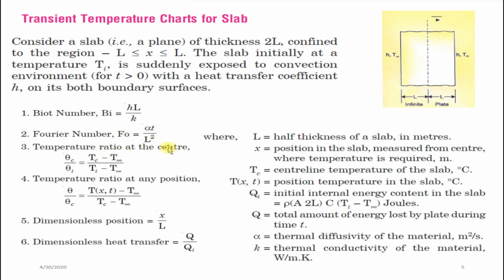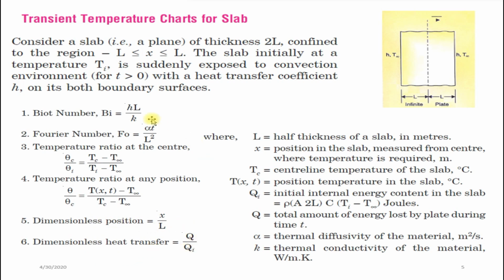Then the temperature ratio at the center is Tc minus T infinity divided by Ti minus T infinity. The temperature ratio at any position is T of x comma t minus T infinity divided by Tc minus T infinity, then the dimensionless position x by L, and the dimensionless heat transfer is Q by Qi.